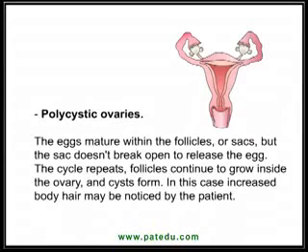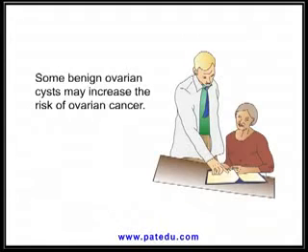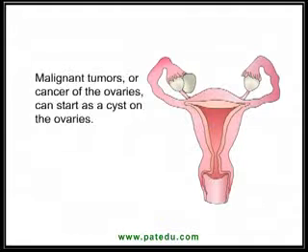The cycle repeats, follicles continue to grow inside the ovary, and cysts form. In this case, increased body hair may be noticed by the patient. Some benign ovarian cysts may increase the risk of ovarian cancer. Malignant tumors, or cancer of the ovaries, can start as a cyst on the ovaries.